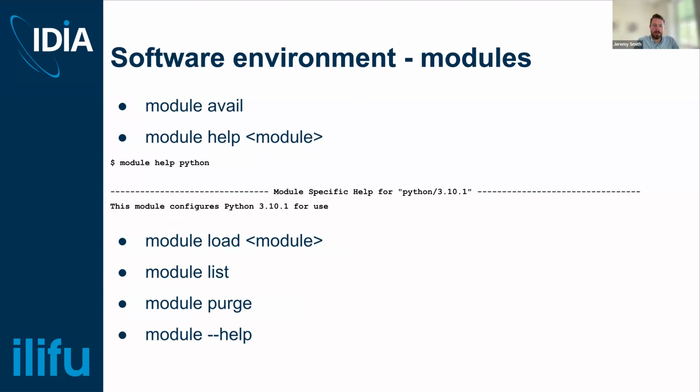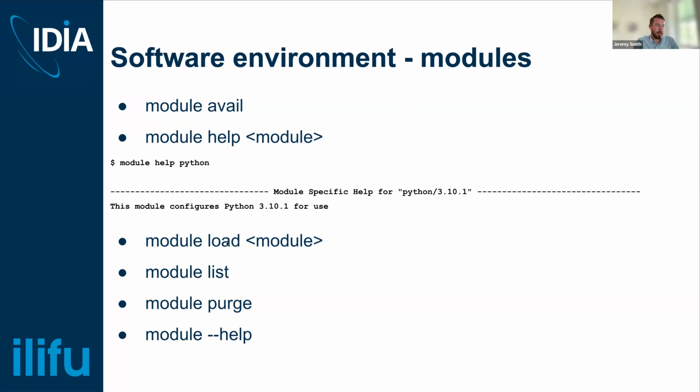Other useful information associated with modules: you can run module help and then the module name. This will output some information about the module. It also might describe aliases that become available once the module is loaded. You can load a module using module load and then specify the module with or without the version number.